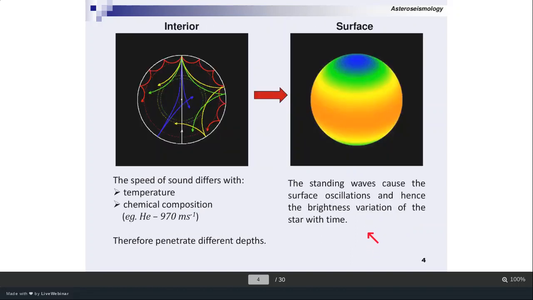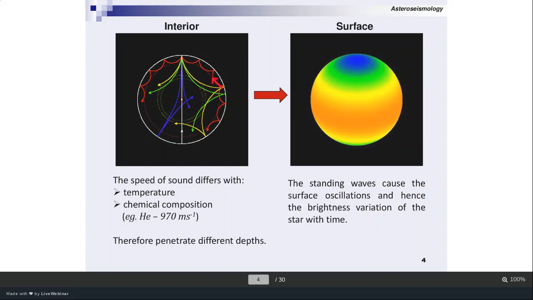Okay, here is a brief introduction to how it works. If you look at the interior of the star, these are the pressure waves or sound waves, right? They move in different layers at different depths inside the star. These are the standing wave patterns created. If you look at this blue line, that standing wave or pressure or sound wave travels through the center of the star.